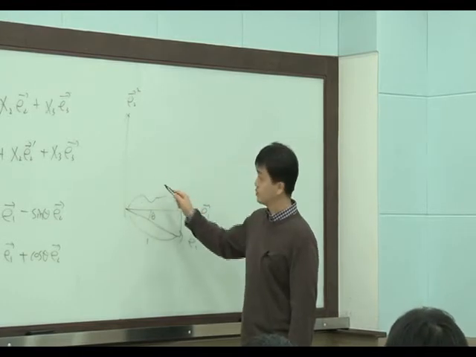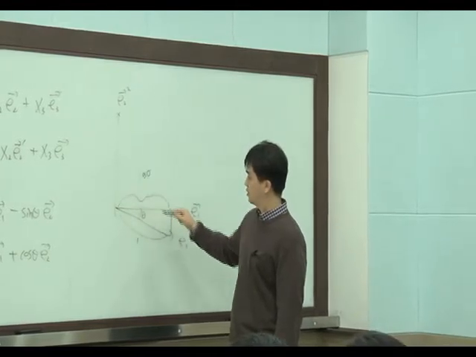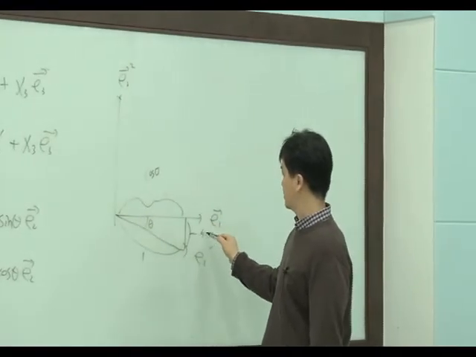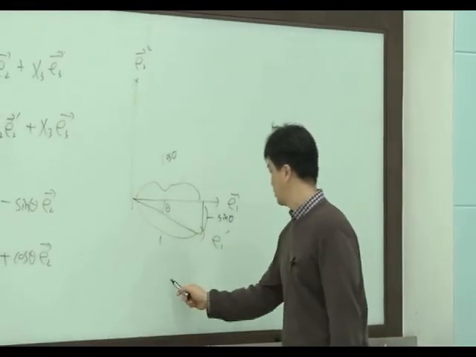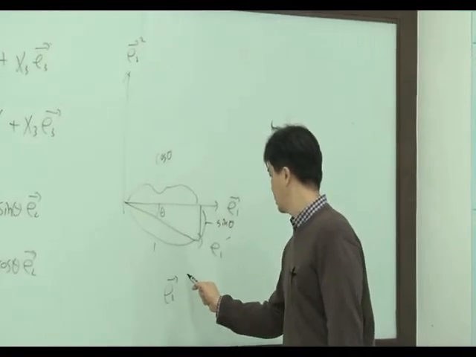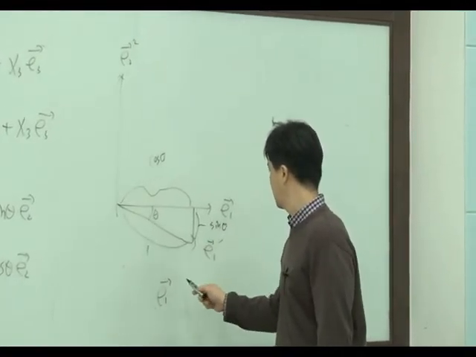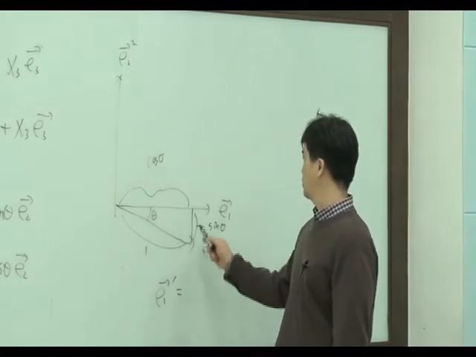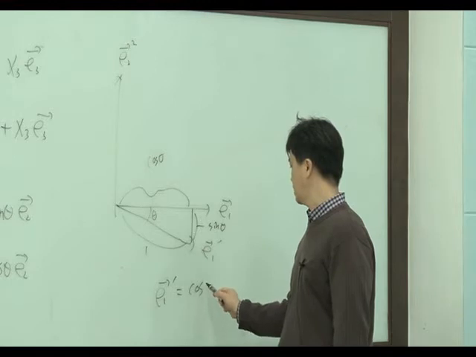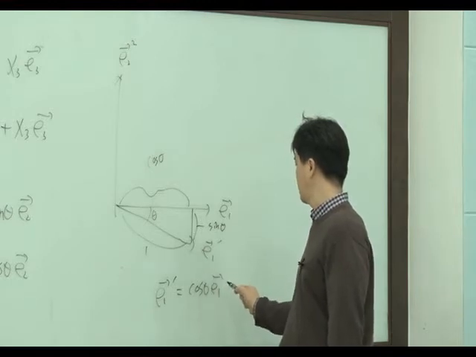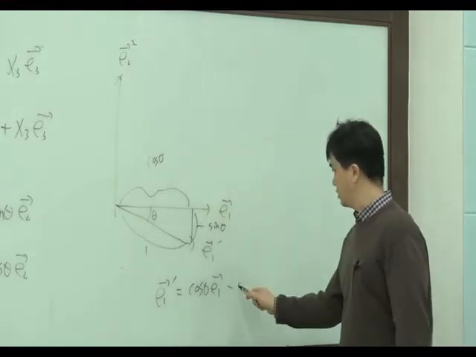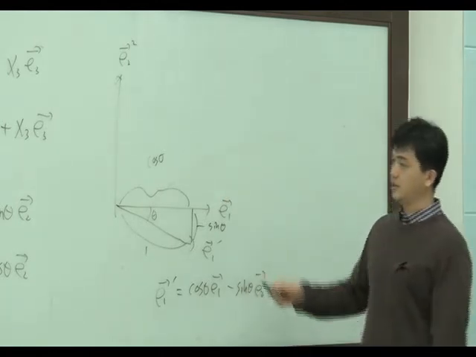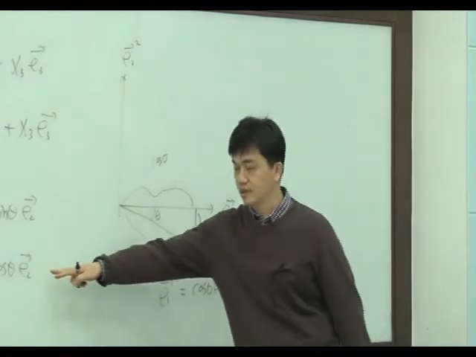Cosine zeta. And this is sine zeta. So E1 dash equal cosine zeta E1 minus sine zeta E2. Similarly, we can calculate the second equation.